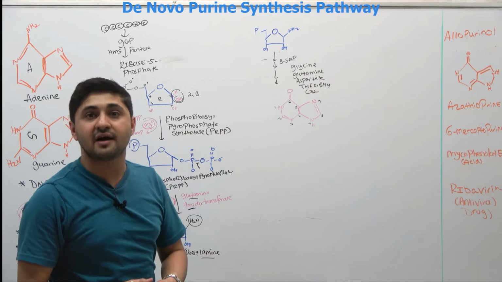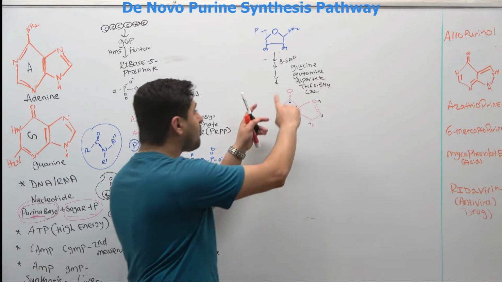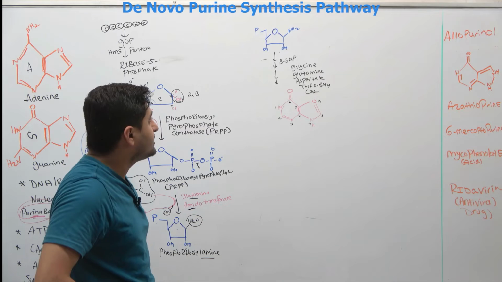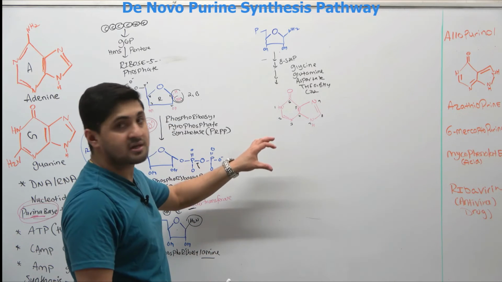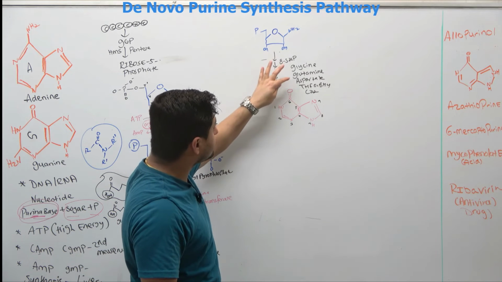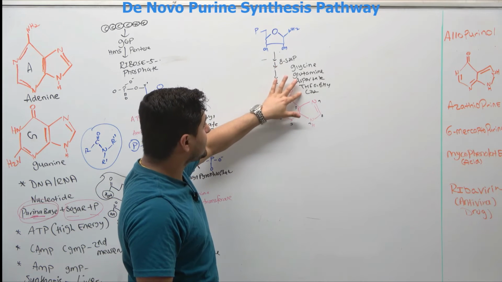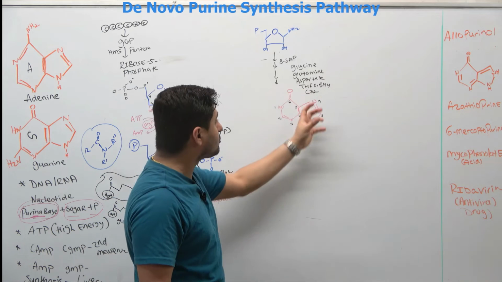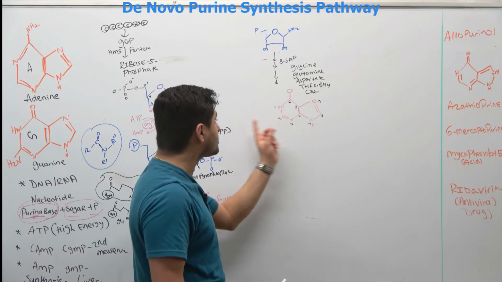These are going to play a very important role in forming these structures. Those are the different steps that will take place, where glycine, glutamine, aspartate, THF, and carbon dioxide play a role in forming this structure that we just did.